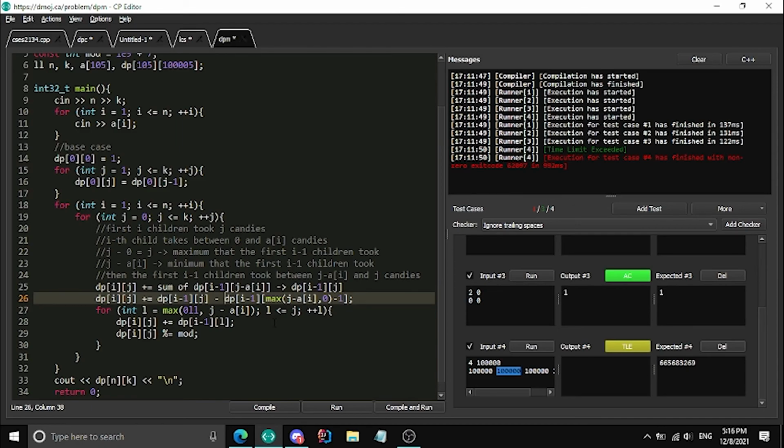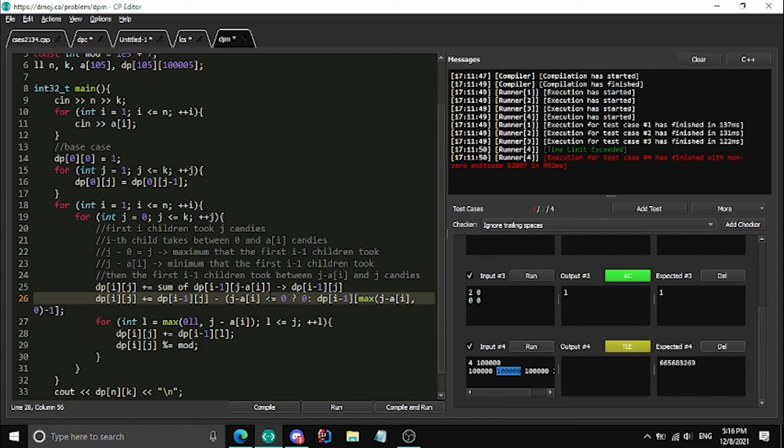So all we're going to say is, if j minus a at i is smaller than or equal to 0, then we're going to return the value of 0. Otherwise, we're going to return the value of this.